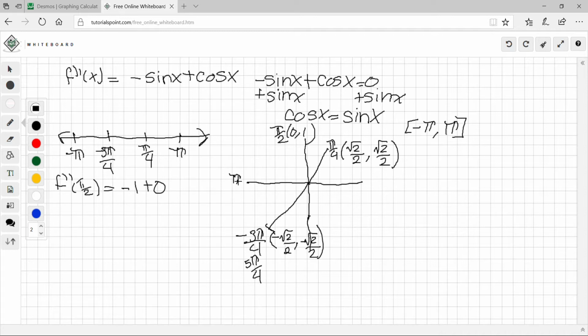Because we're putting the coordinates in this equation. Coordinates is 0, 1, so negative sine is negative 1, and then plus 0. Anyways, it's negative 1, so it's negative. So we gotta put negative right here.